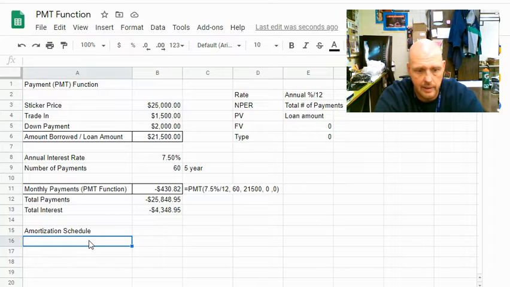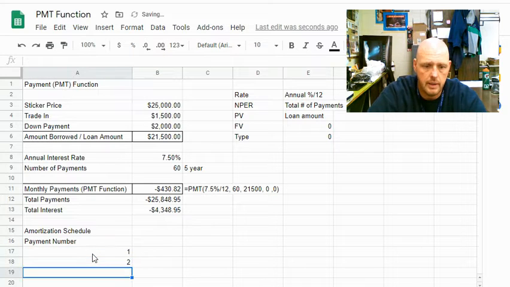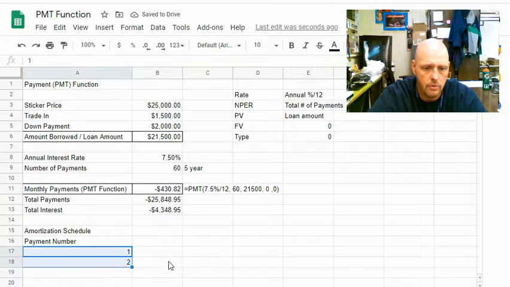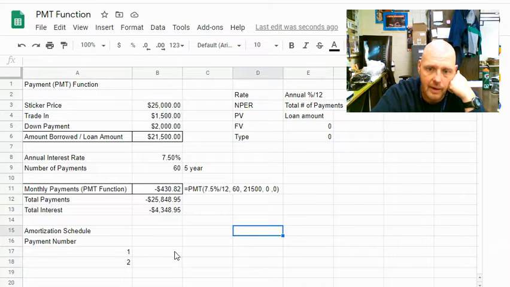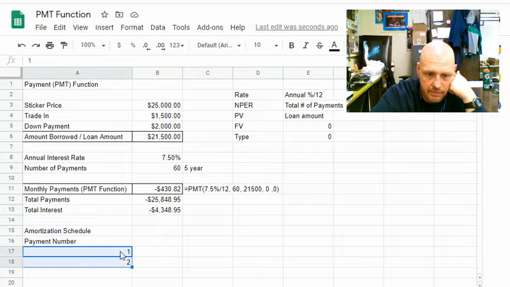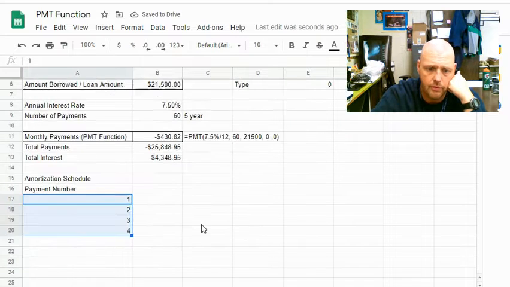So again, we like to label payment number, and we'll start out and label them 1 and 2. Again, spreadsheets will figure out a pattern if you tell it the pattern to figure out. So I'm going to highlight this number 1 and number 2 typed out, and as I start fill handling it down, it goes, oh, you mean go 1, then 2, then 3, then 4, so on and so forth.